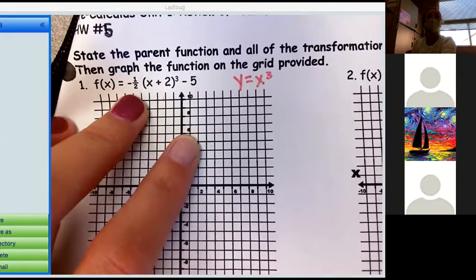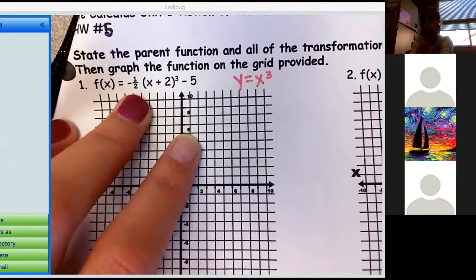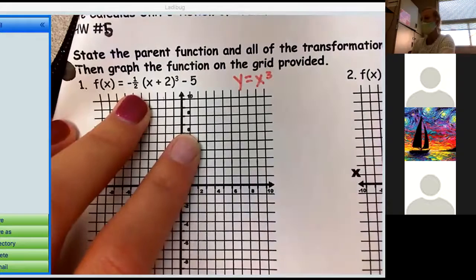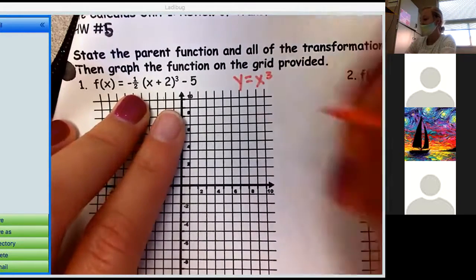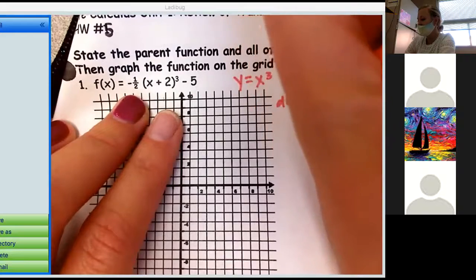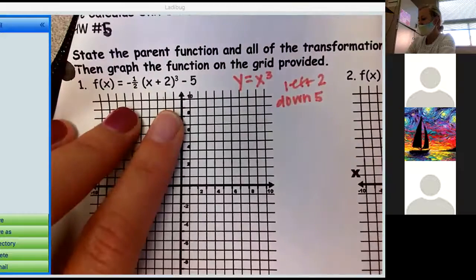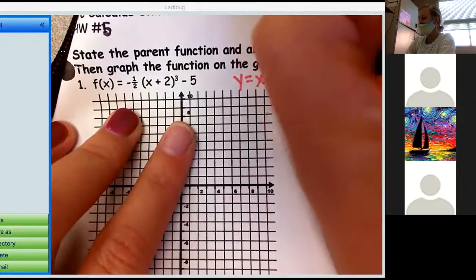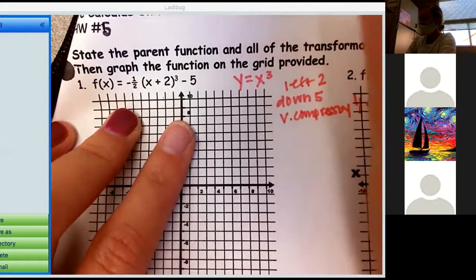What did it ask you for next? All of the transformations. So I wanted you to do that next because those transformations should help us graph it, okay? So tell me some transformations of number 1. Oh, good. Down 5. Love it. Left 2. Love it. Vertical compress. I heard by 1/2. That's good.